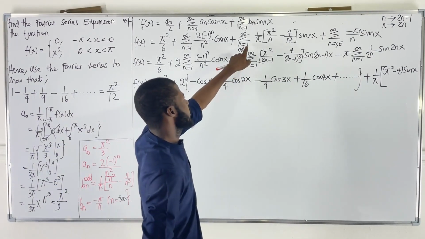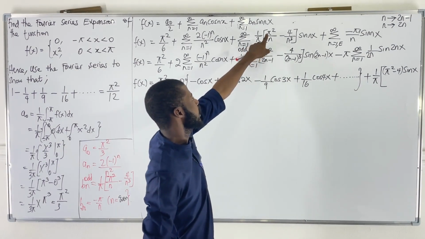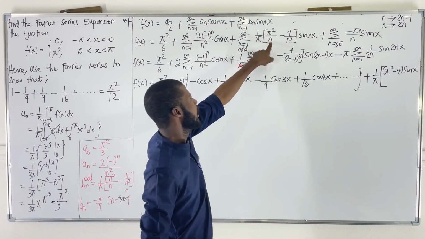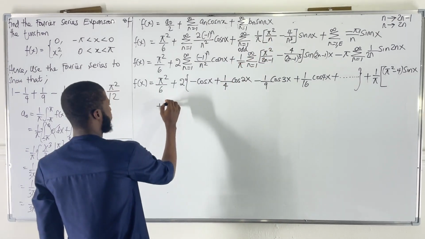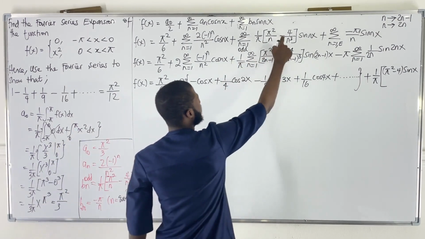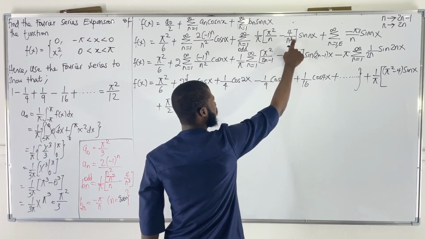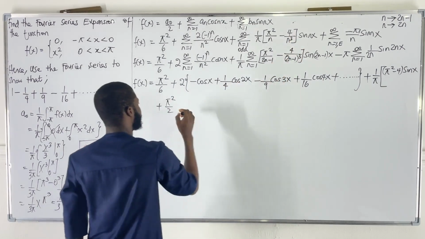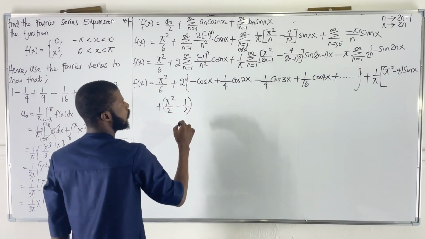Then the next one, we're going to say plus. The next odd number is 2. So let's put in 2 here. This will then become pi squared over 2. And then minus, when you put in 2 here, 2 cubed is 8. So what is 4 over 8? That's half. That's minus 1 over 2. Hold on.